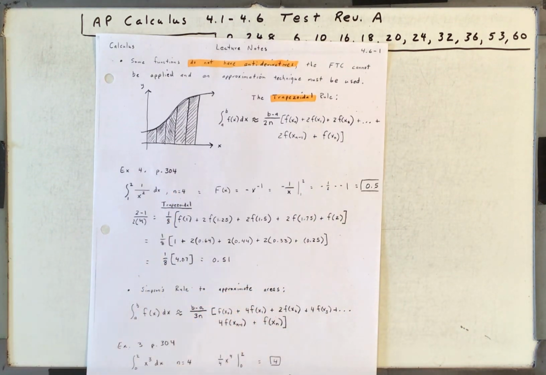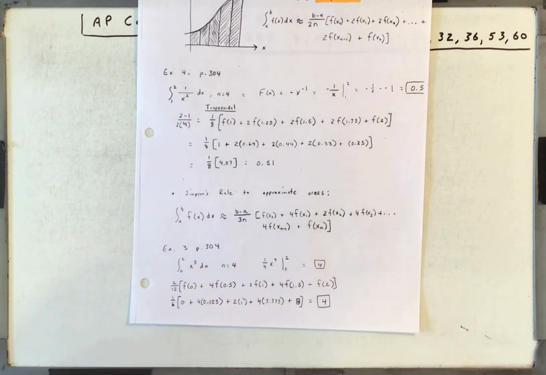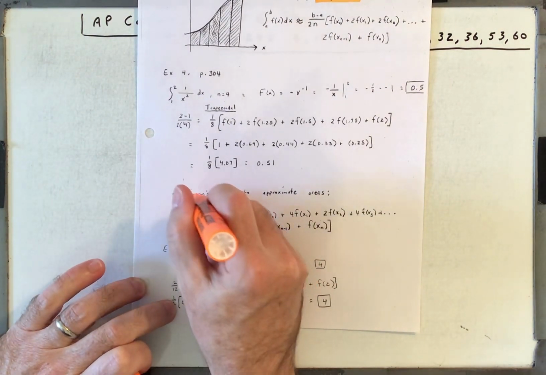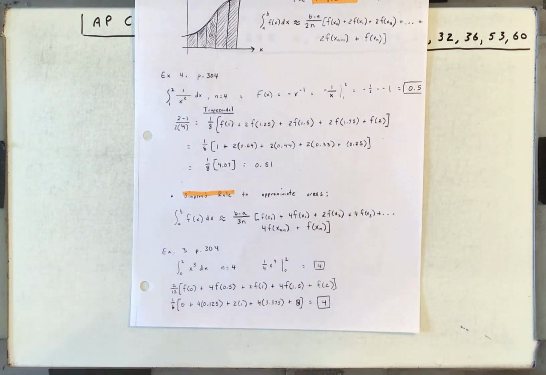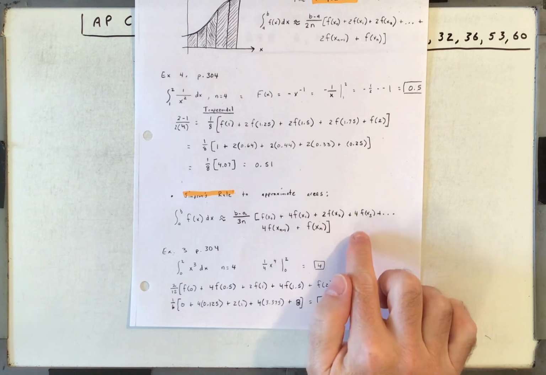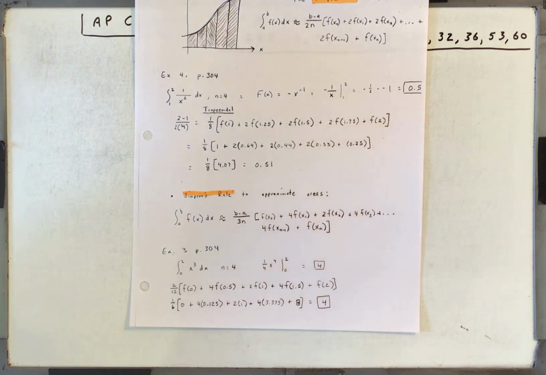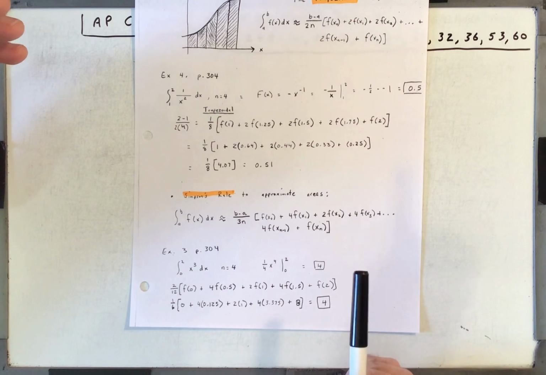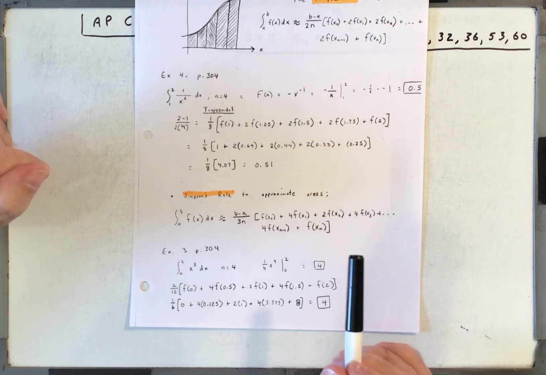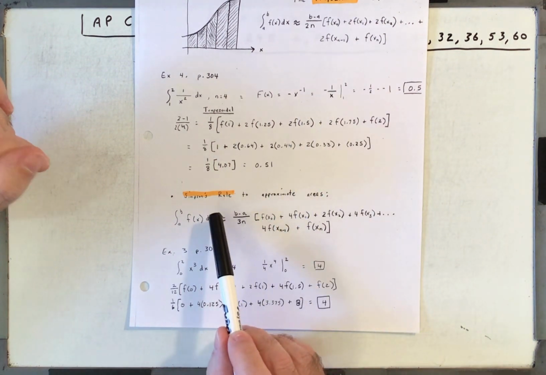All right, and there is another rule with a formula. It's called Simpson's rule. So Simpson's rule, here's the formula. You don't have to memorize it, but it can be even more accurate than the trapezoidal approximation of areas under a curve. So all I need you to know for the test is what the trapezoidal rule and Simpson's rule are for.